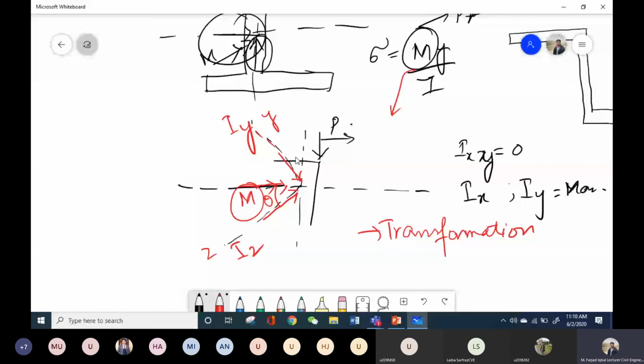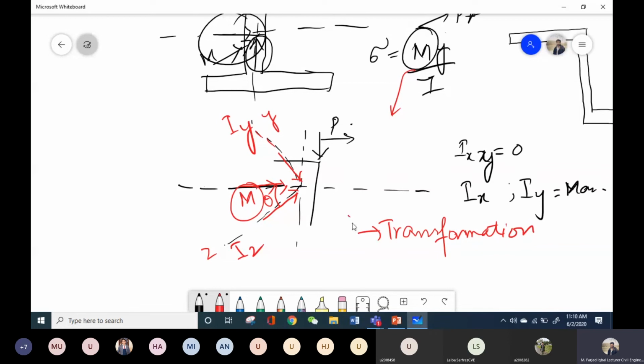The concept is similar for the moment of inertia: if we know the moment of inertia on one axis, we can transform it onto the inclined axis. But that part is not included in the scope of this course, so we are going to skip that.